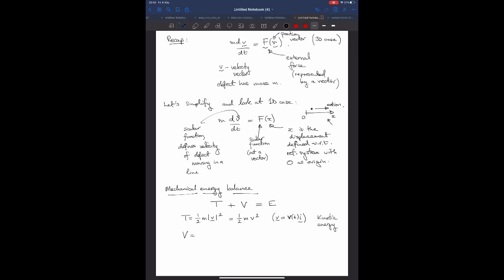And then V is the potential energy, for which we found a general formula, which is minus the integral of f of x with respect to x. So this potential energy really does depend on the force that you're given. From this formula you can see that f is minus dV by dx.